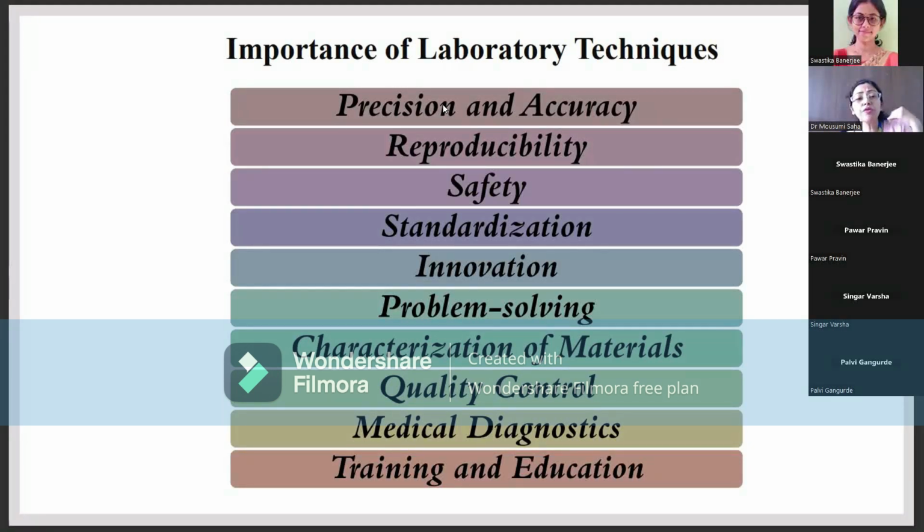But if we need to identify the band size, and I have run markers, and I need to save that image for my thesis, my paper or my BSc or MSc dissertation, then definitely we need a gel documentation system where we can save our data. So that is known as precision, accuracy and reproducibility, which is very important.